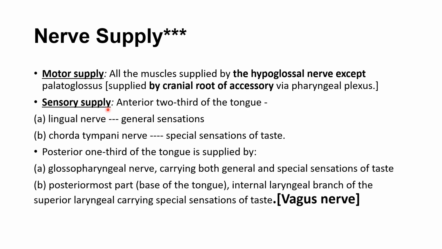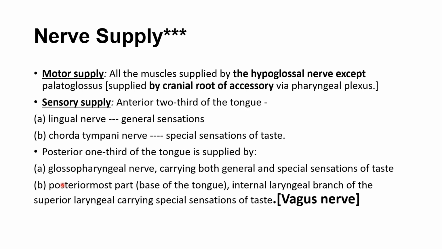In the anterior two-thirds of the tongue, the lingual nerve is responsible for the general sensations, and for the special sensation, that is taste, the chorda tympani nerve, a branch of the facial nerve, is responsible. And in the posterior one-third, the glossopharyngeal nerve will carry both general and special sensations of taste.